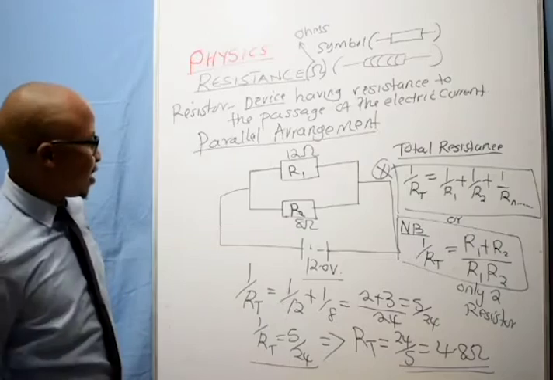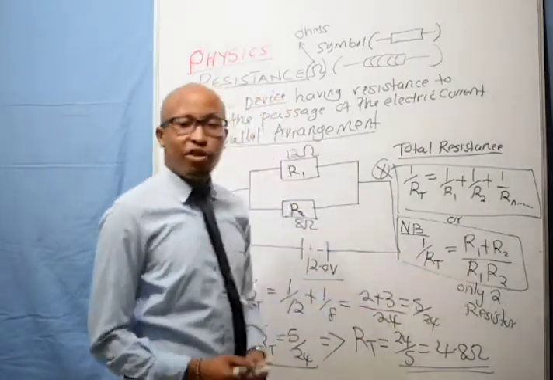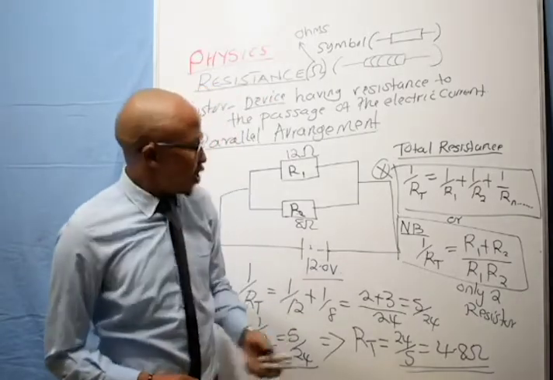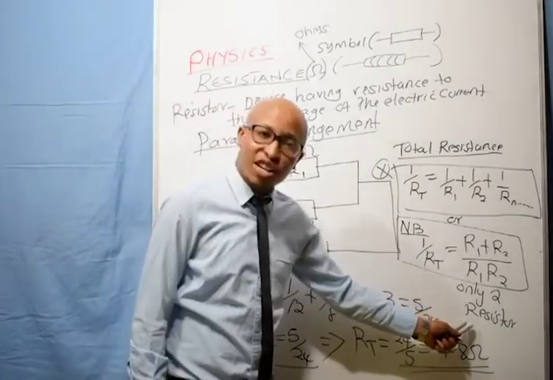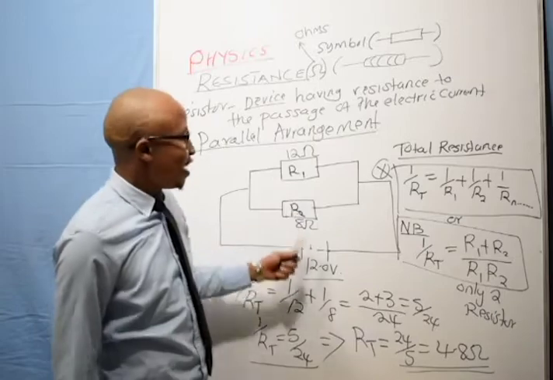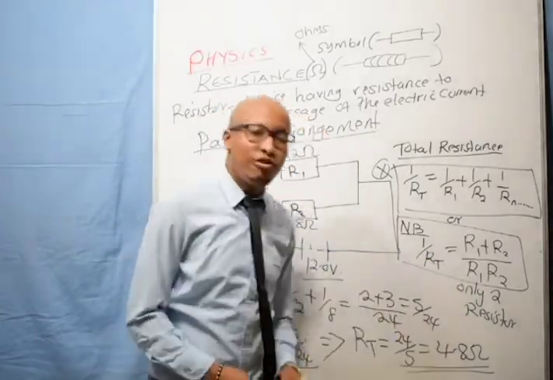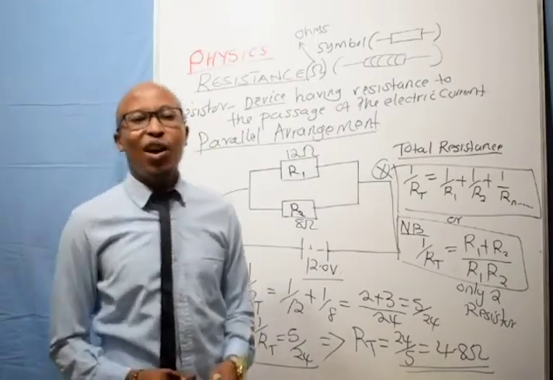So knowing that, you can also use the two-resistor formula in your own time, because there are only two resistors here. You can use it to confirm that you get 4.8 as your answer.